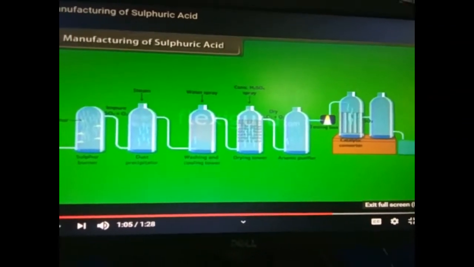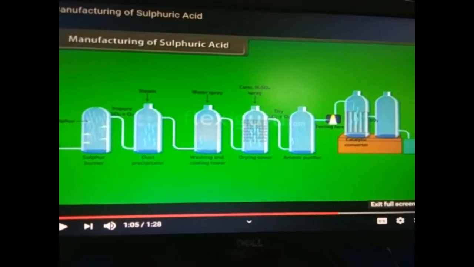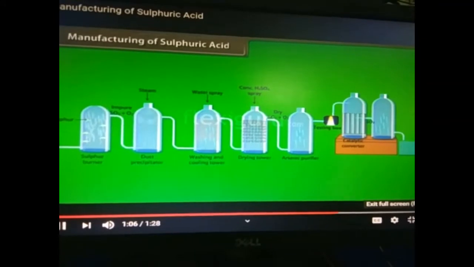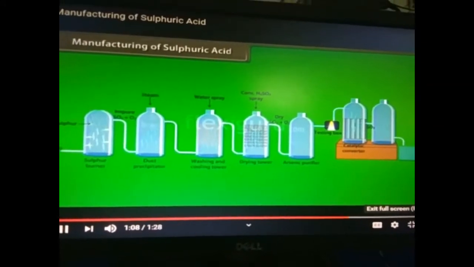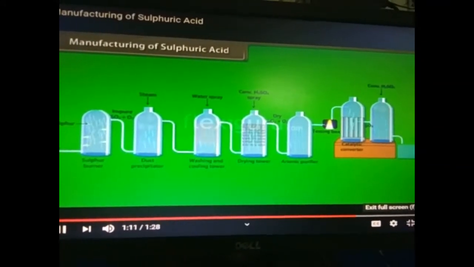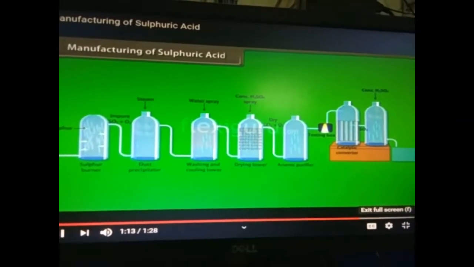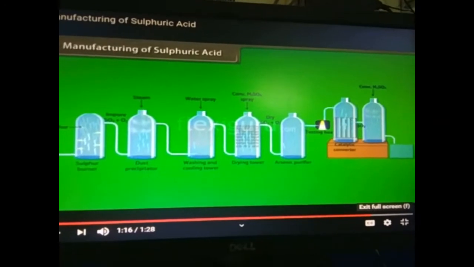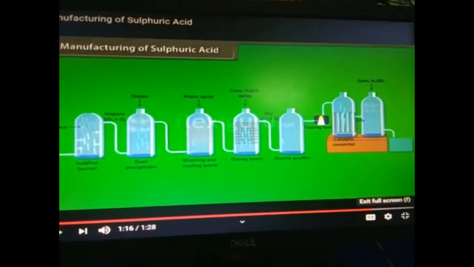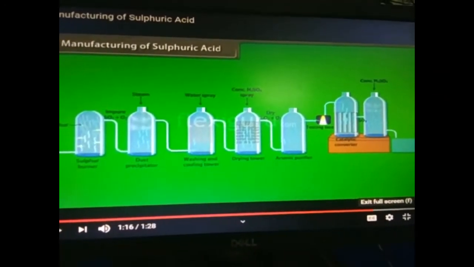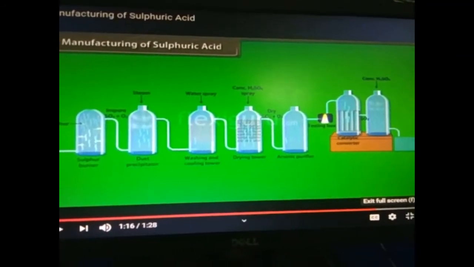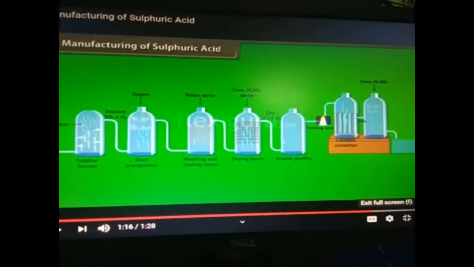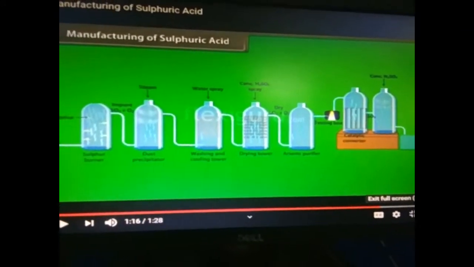Sulfur trioxide reacts with sulfuric acid, then formation of oleum takes place, and after formation of oleum due to combination with the sulfuric acid, the oleum formed in this last chamber is diluted by adding water. Thus sulfuric acid is obtained through the contact process.